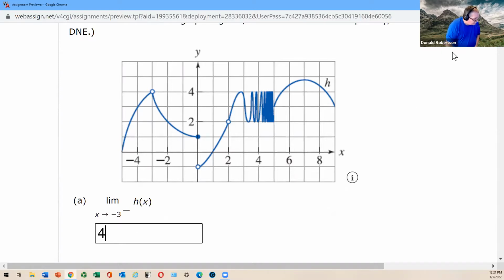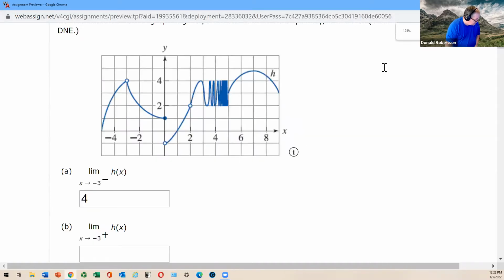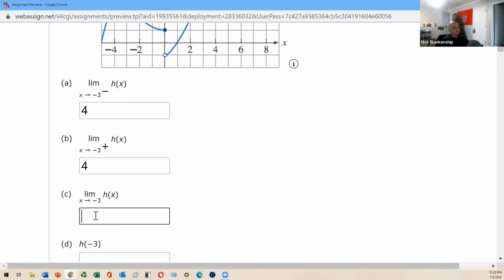Now, if I asked you for the right limit, what would the answer be? Also 4. What would the overall limit be? 4. Does that make sense?